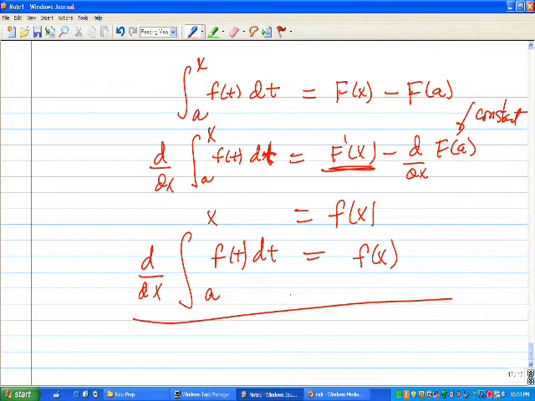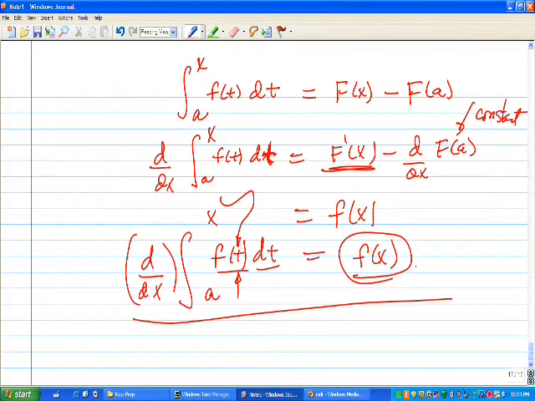The idea here is that if you have f of t dt, to calculate the derivative of the integral with respect to x, all you do is put x where t is, and you have the answer. So that's like the second part of the fundamental theorem of calculus.